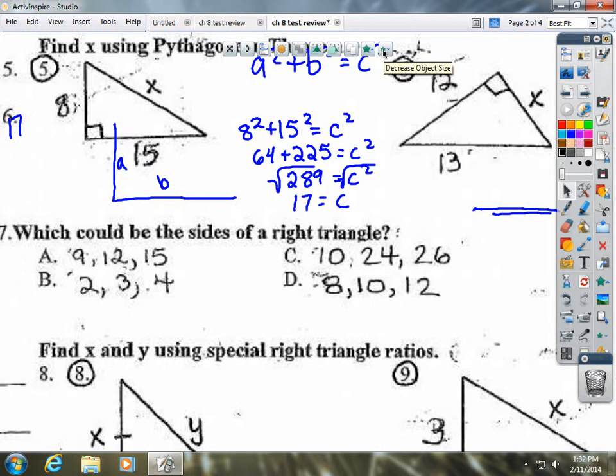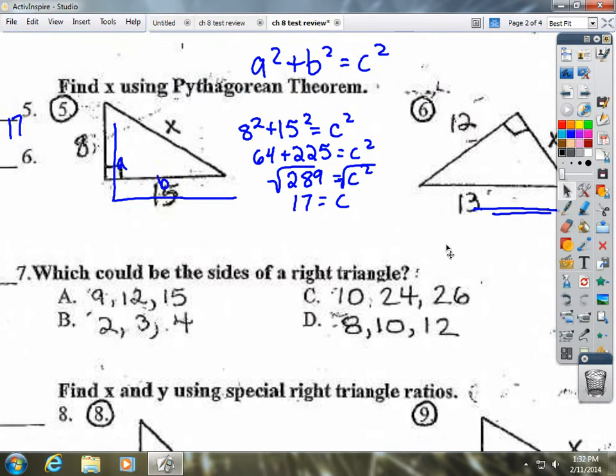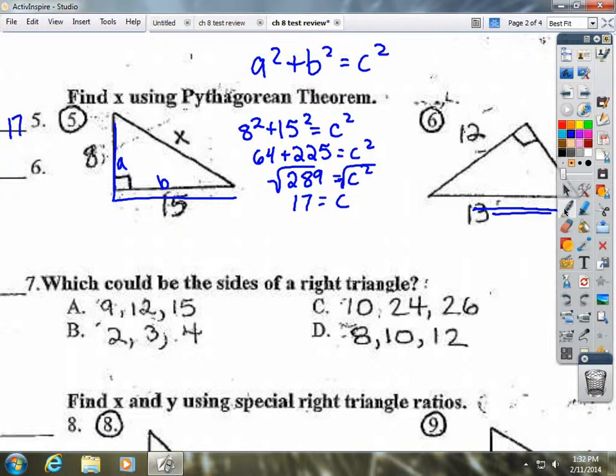Because we have the hypotenuse, we're going to do the hypotenuse squared minus the leg squared is going to equal the other leg squared. 13 squared is 169, minus 12 squared is 144. That's going to equal a squared. 169 minus 144 is 25, equals a squared. So when we square root it, a is going to equal 5.